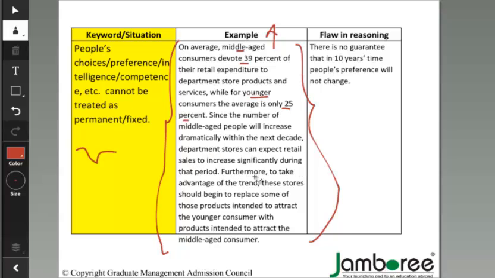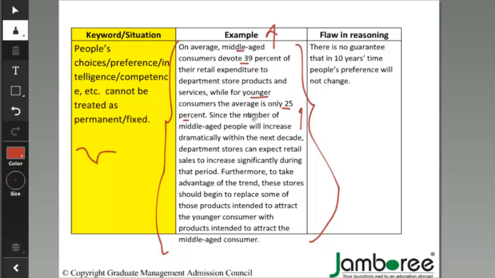Furthermore, to take advantage of the trend, these stores should begin to replace some of those products intended to attract younger consumers with products intended to attract middle-aged consumers. Of course, this argument has a lot of flaws. If the middle-aged people will increase, the younger will also increase, right? That is one thing.